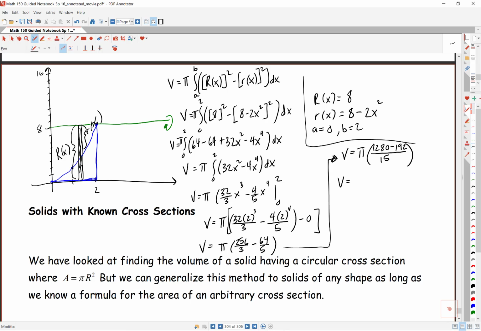So we will get 1,088, if I did it right, over 15 pi. And that's in cubic units.